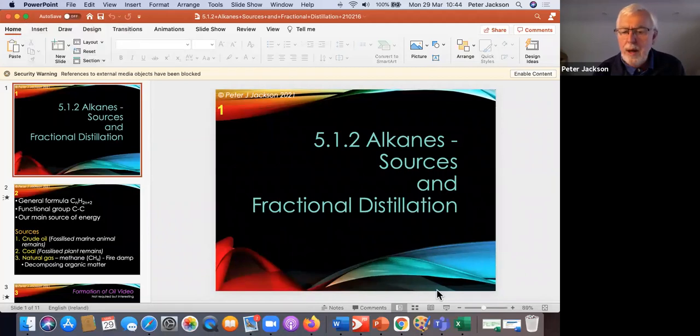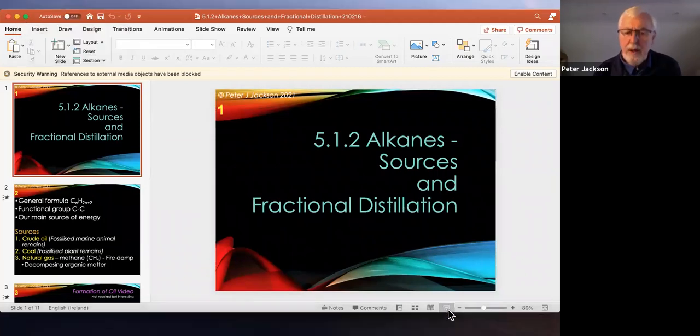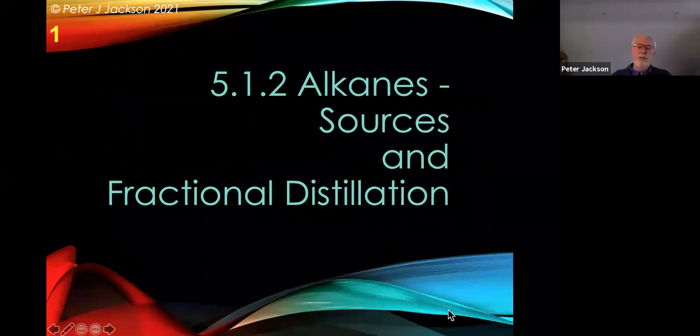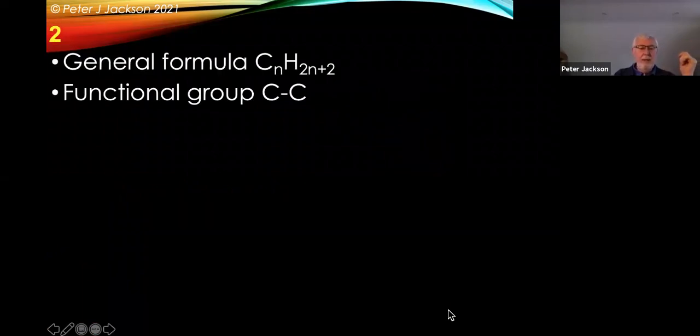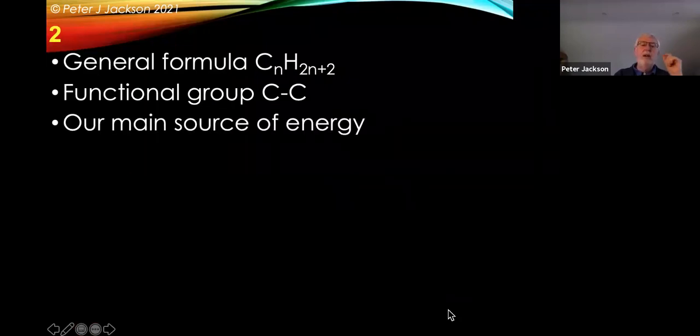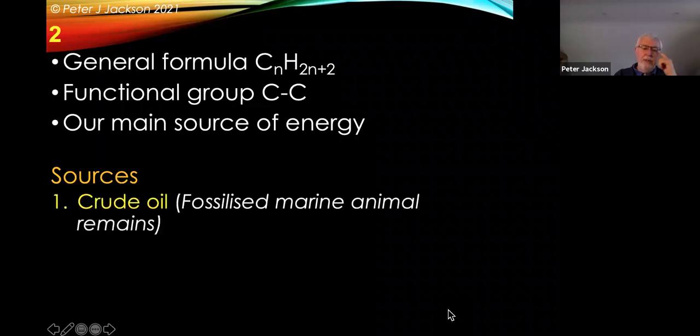Right, so alkanes, alkenes, and mainly alkanes now, their sources and fractional distillation. General formula CnH2n, doesn't it rear its ugly head everywhere? The functional group is all carbon to carbon single bonds. The alkanes are our main source of energy. The sources of alkanes, there are three major sources. One is crude oil, which is fossilized remains of marine animals.